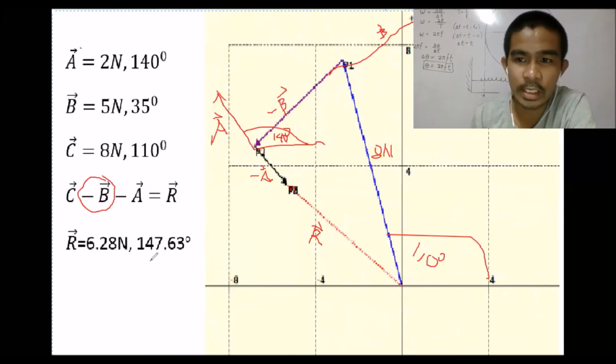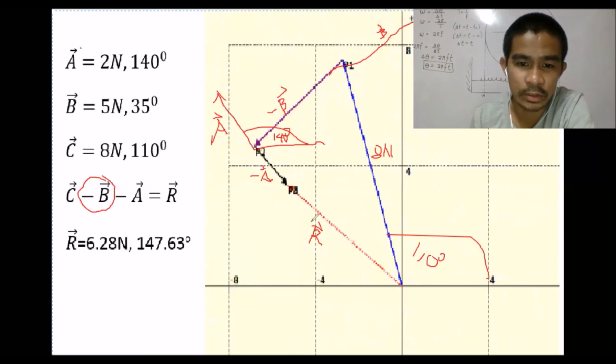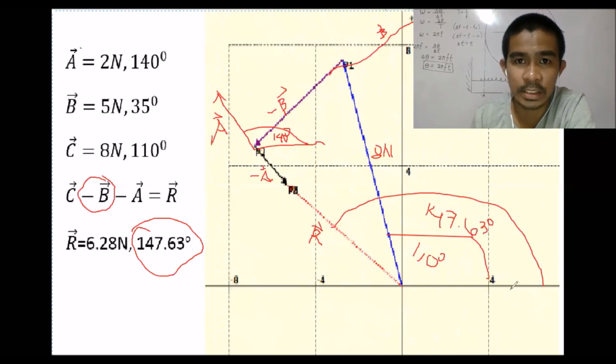We have 1 Newton equivalent to 1 unit when we use the graphical method of determining the sum of vectors. So this is vector R, and it has a direction of 147.63 degrees from positive x-axis. 6.28.